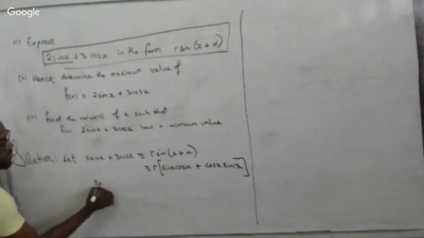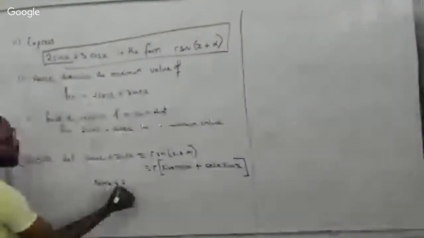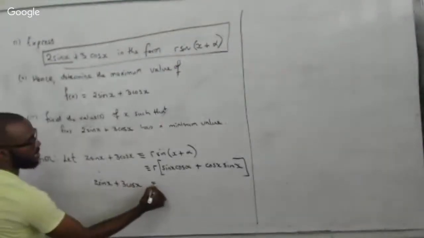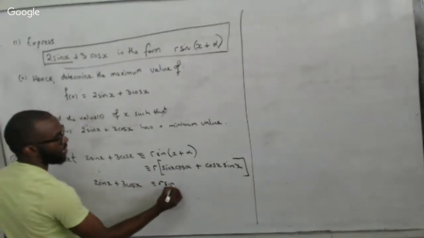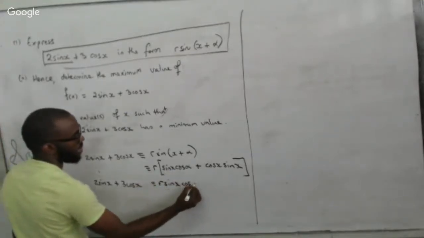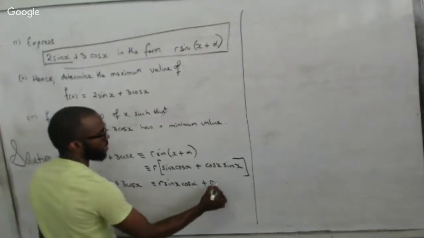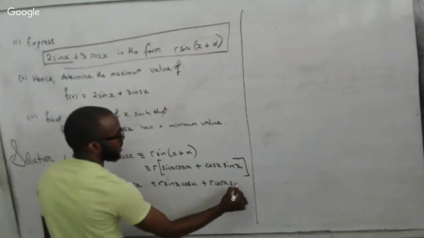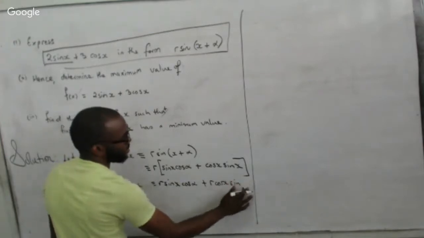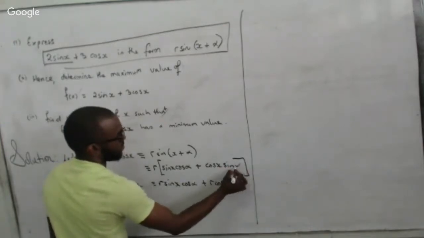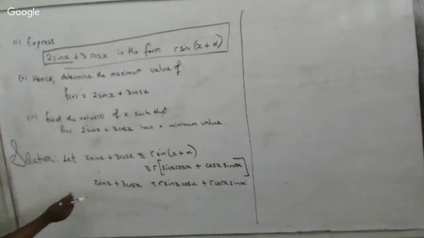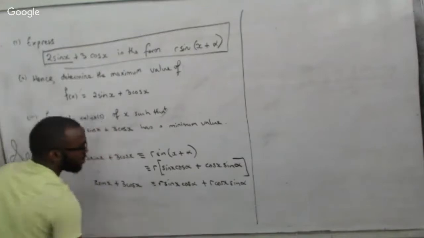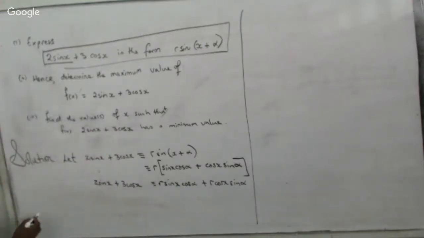So this comes down to 2 sine x plus 3 cosine x being identical to the distributive expansion r sine x cosine alpha plus r cosine x sine alpha. After you have expanded completely, that means no more brackets, then we equate coefficients.